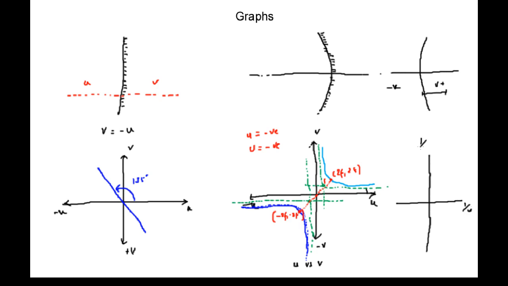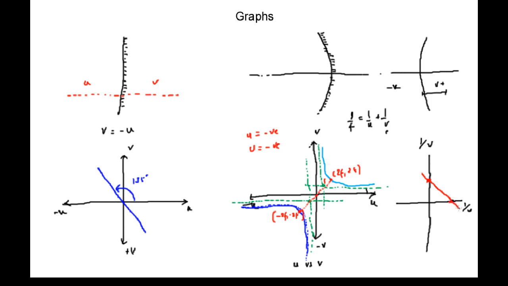You can see from the equation 1 by f equals 1 by u plus 1 by v, right? If 1 by v is 0, 1 by f equals 1 by u. So this is my first point. And if 1 by u is 0, 1 by f equals 1 by v. So in that case, this is the focal length point. So the curve is this one, like this, a straight line.